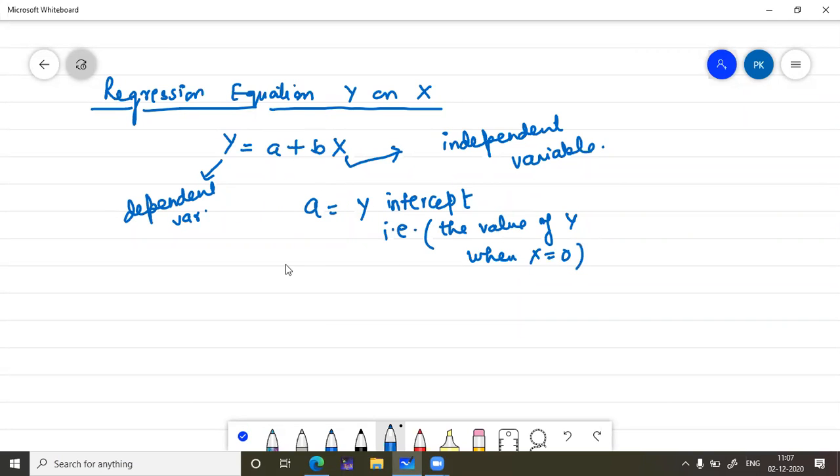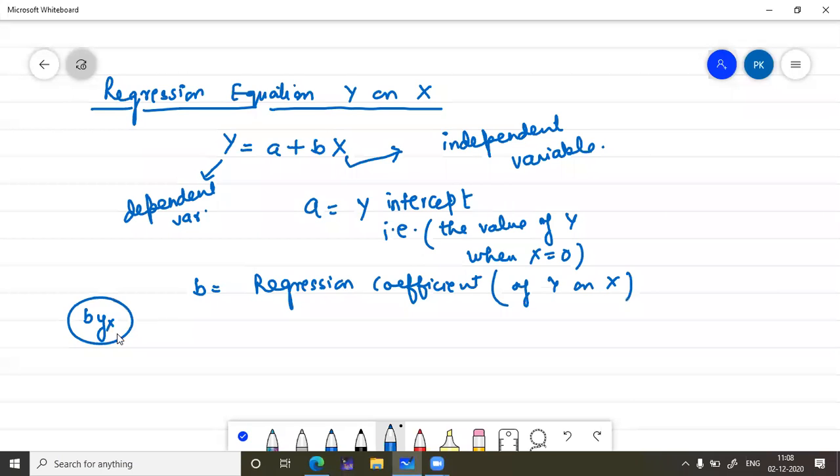And b is the slope of our regression line, which is also called the regression coefficient. Here we are talking about the equation y on x, so this is the regression coefficient y on x. b is the regression coefficient of y on x, and it is also denoted by byx.